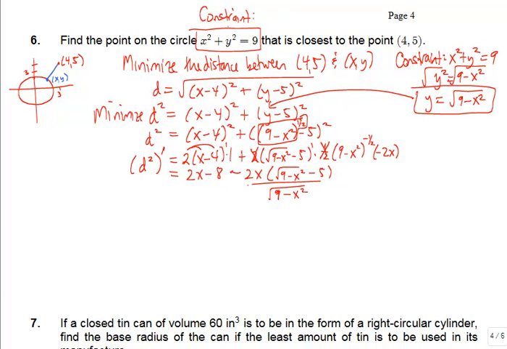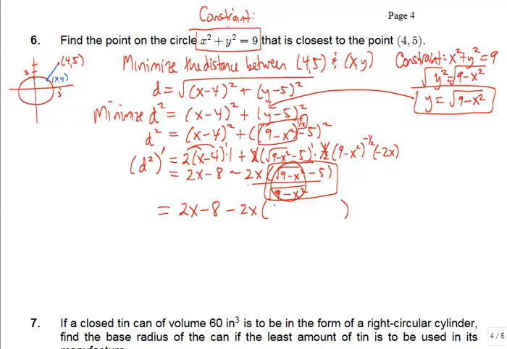So what I'm going to get next is a reduced fraction. I'm going to rewrite this just a tad here. I'm going to get 2x minus 8, and then I'm going to have this minus 2x out front, and in parentheses here I'll write out what this becomes, and we can break that up into 2 fractions.